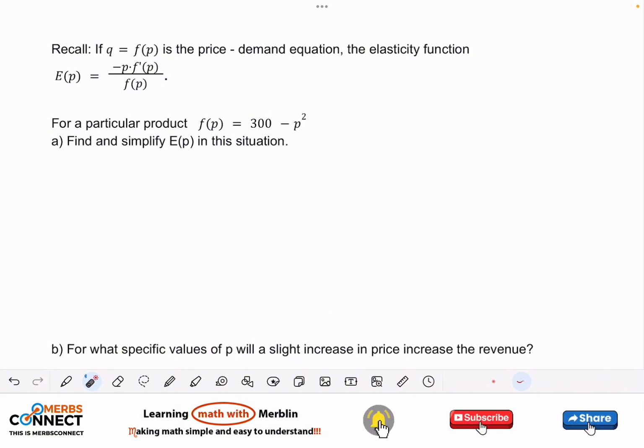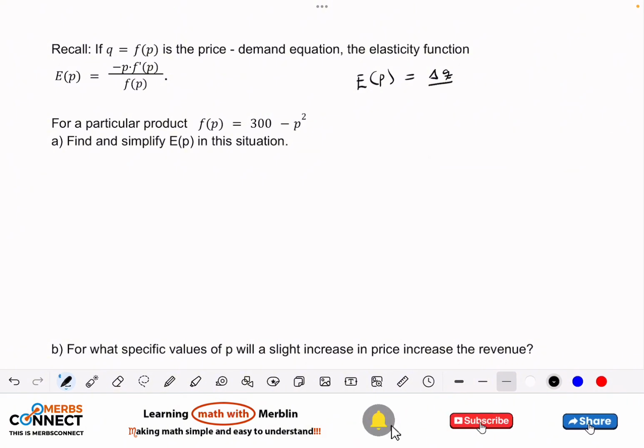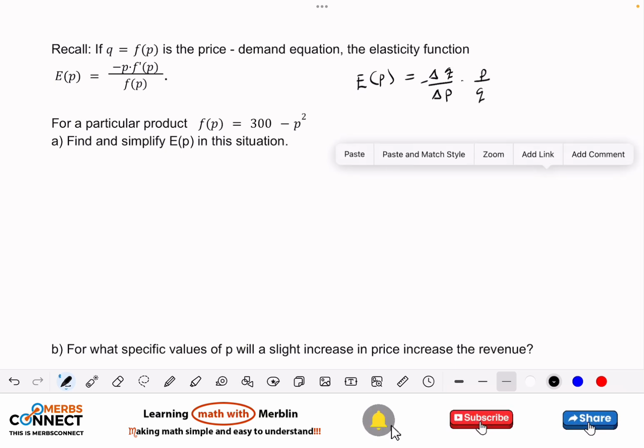So we have this quantity demanded function or equation, and then we have the elasticity function, which is here. So we know that E of P is equal to this, and we generated this one from the idea that E of P is equal to changing quantity divided by changing price times price divided by quantity, right?